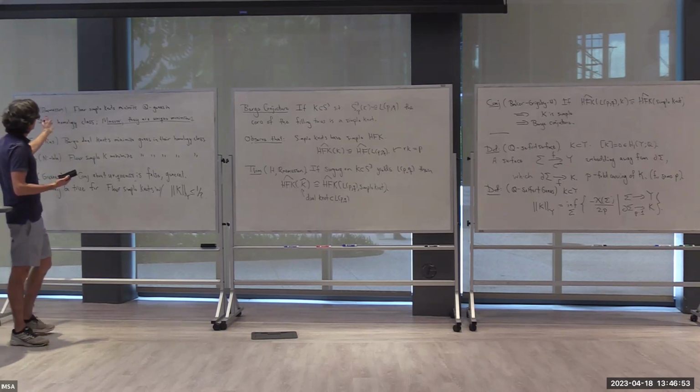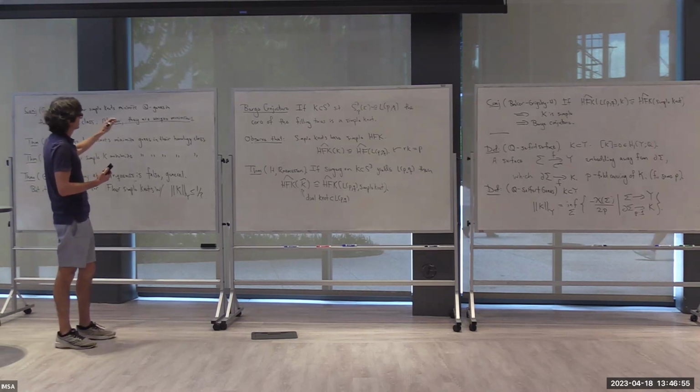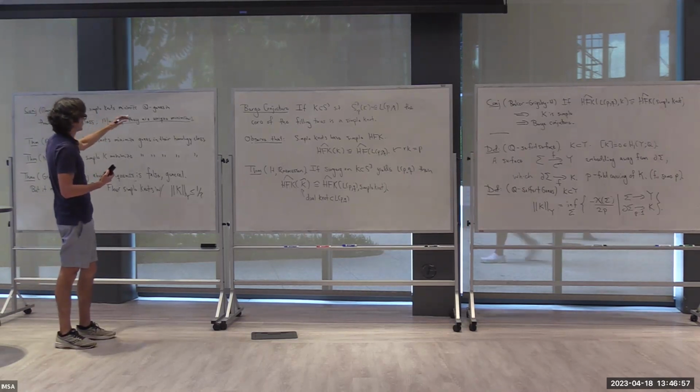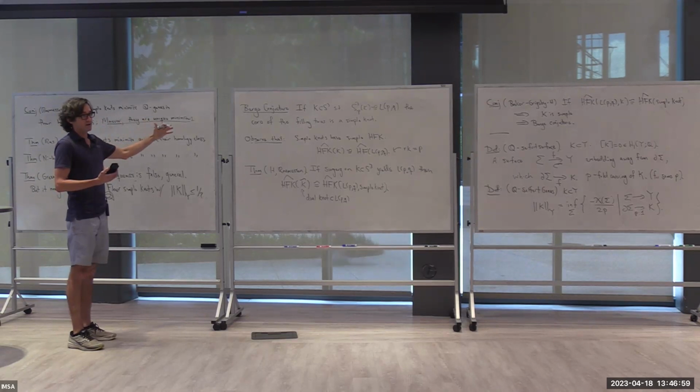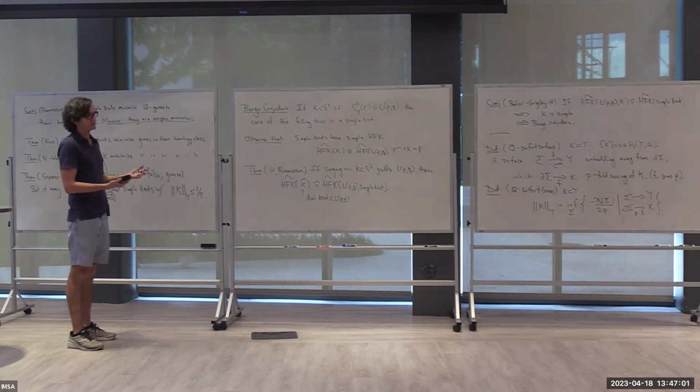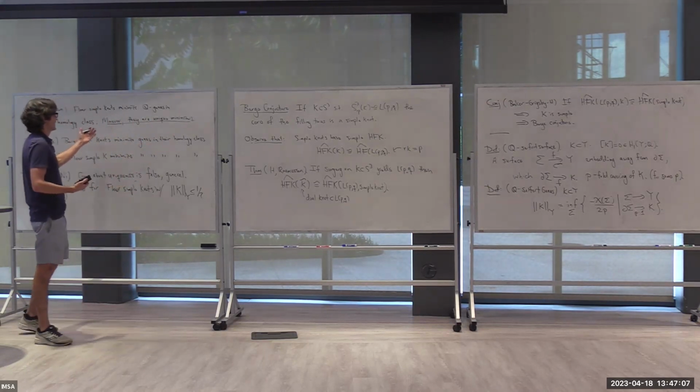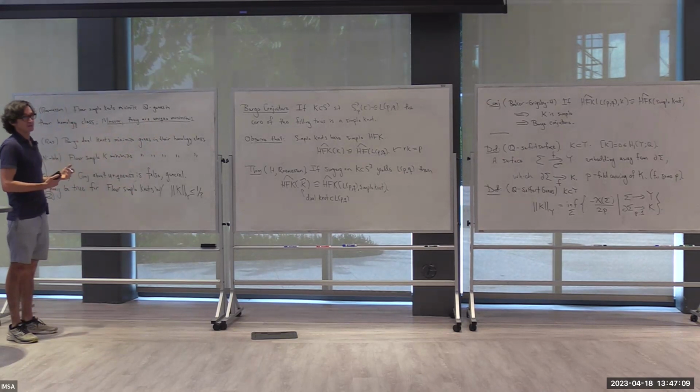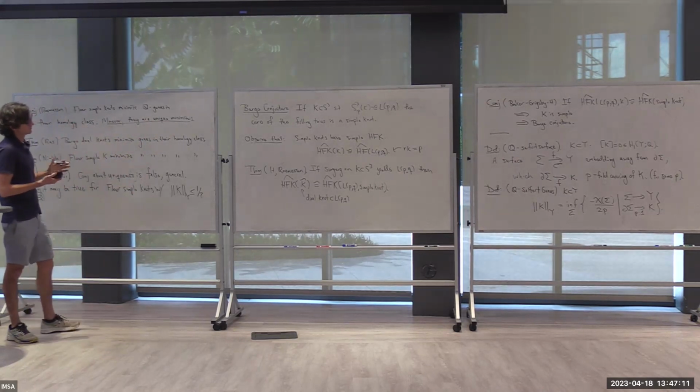So the point is that what he showed is that if you have a Floer simple knot with small enough genus, then the structure of the knot homology combined with the surgery formula tells you what the surgery is.